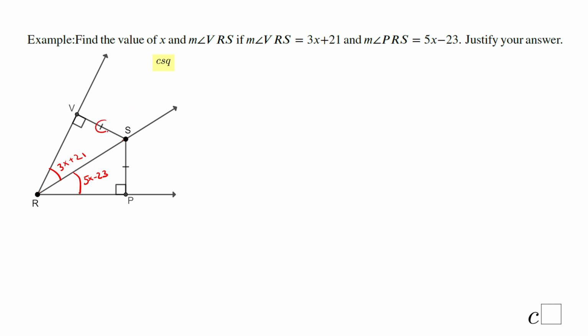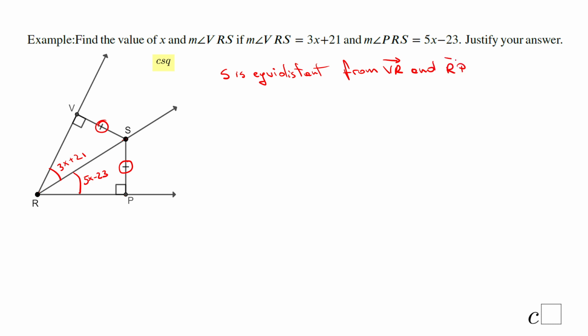Why? We notice these two segments are congruent and they represent the distance from point S to side RP, and the distance from point S to the side VR. So this point S is equidistant from these two sides, VR and RP.